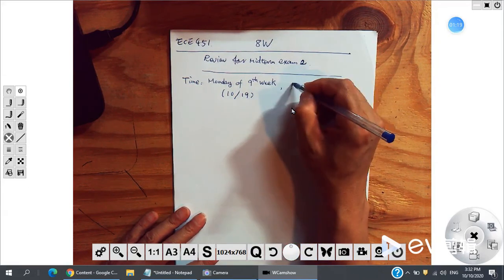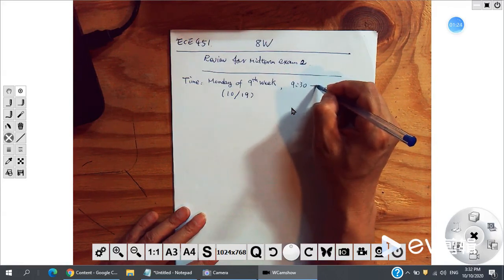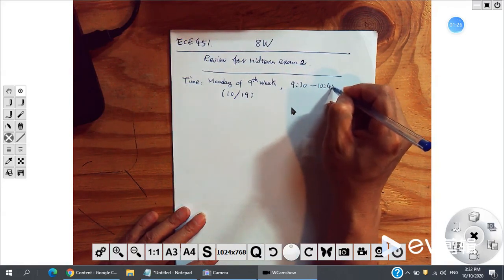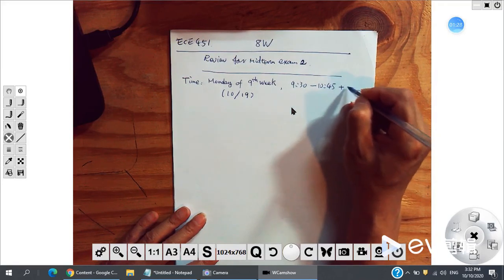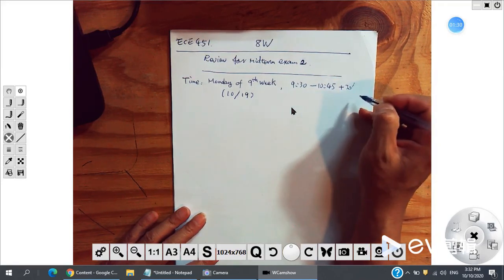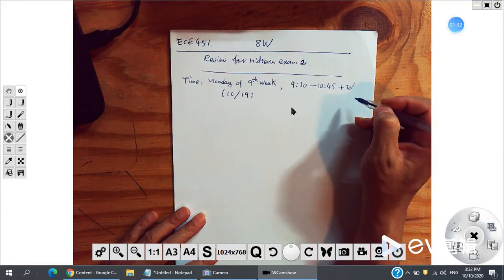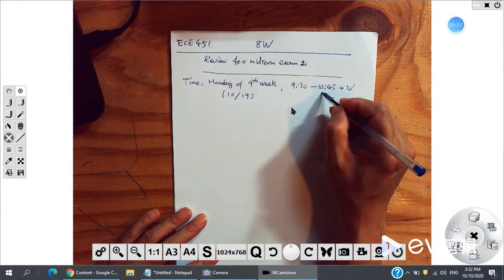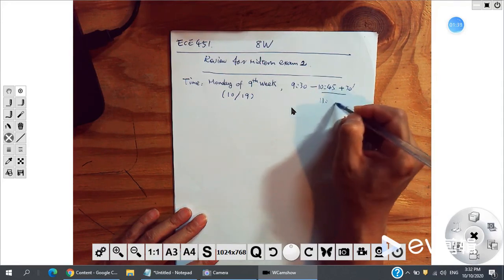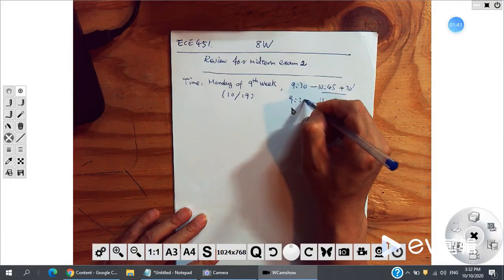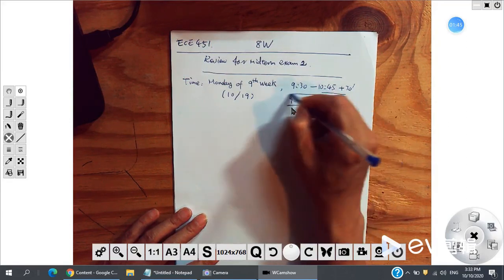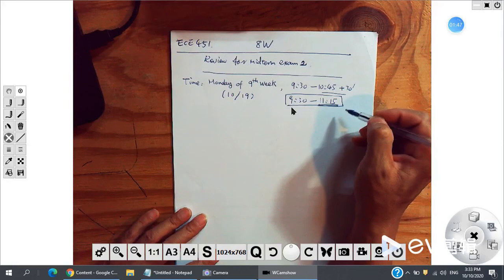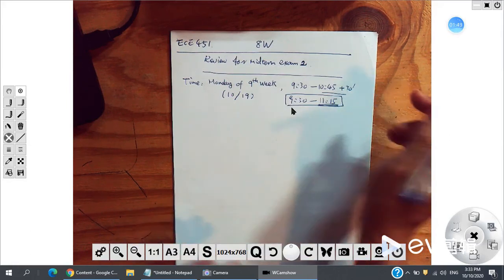And the class time is 9:30 to 10:45, and then you can have 30 more minutes, because you need to upload the file to the Blackboard. So in total there should be 15 minutes. Okay, so 9:30 to 11:15. Similar to the first exam, you already have one, right?